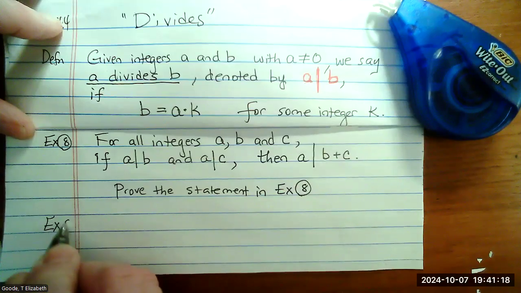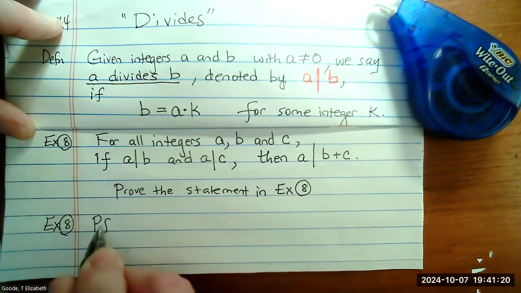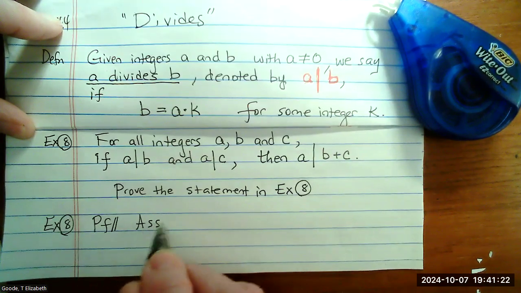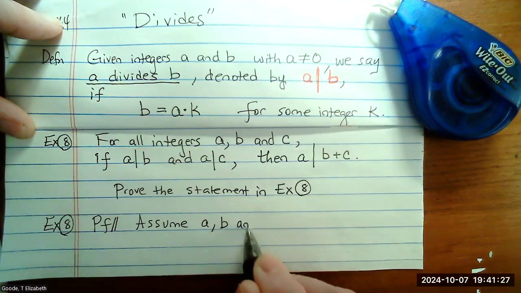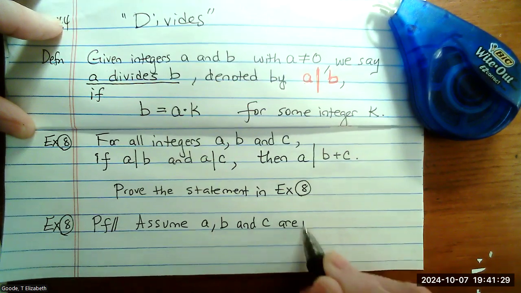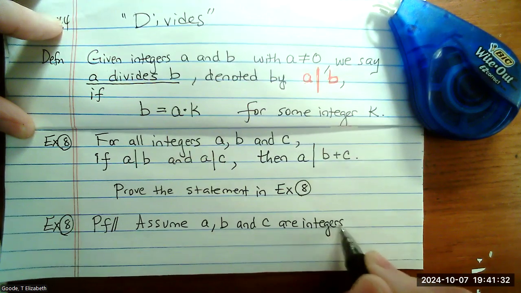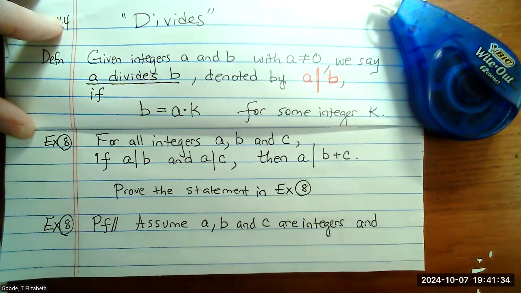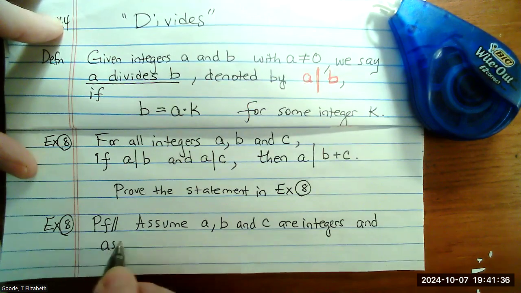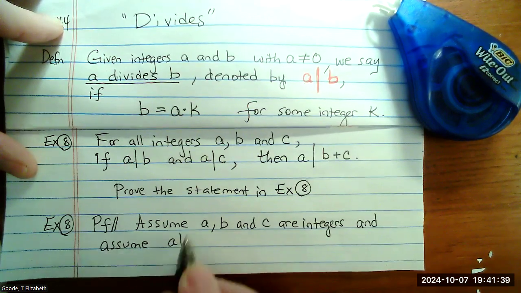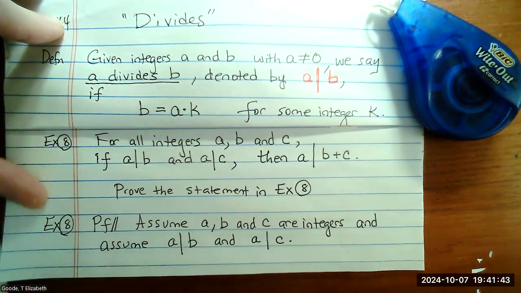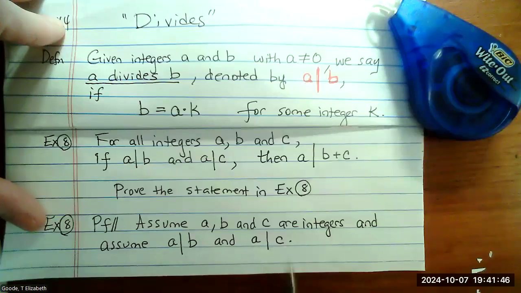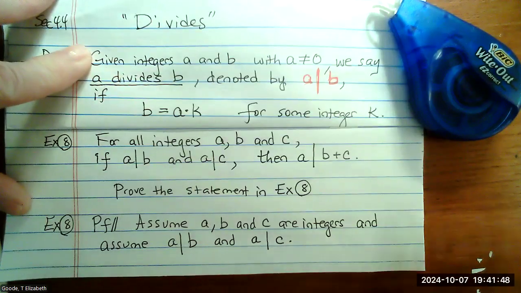Here we go. Let's prove this thing. We're going to assume A, B, and C are integers. And we're going to go ahead and assume that A divides B and A divides C. Just like usual, we're going to assume the hypothesis and we wish to show the conclusion.